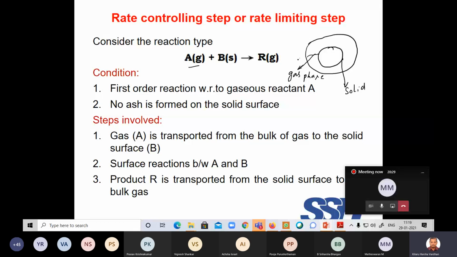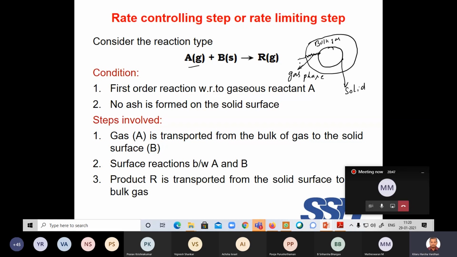That molecule should penetrate through this particular gas phase and go onto the surface of the solid. Am I right? There is a bulk gas here.